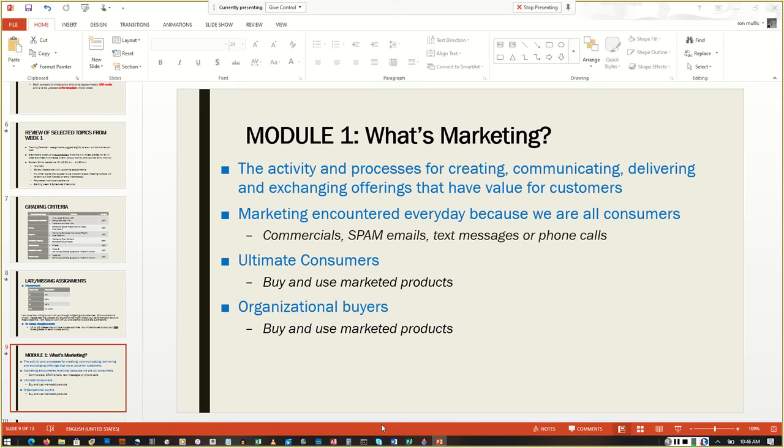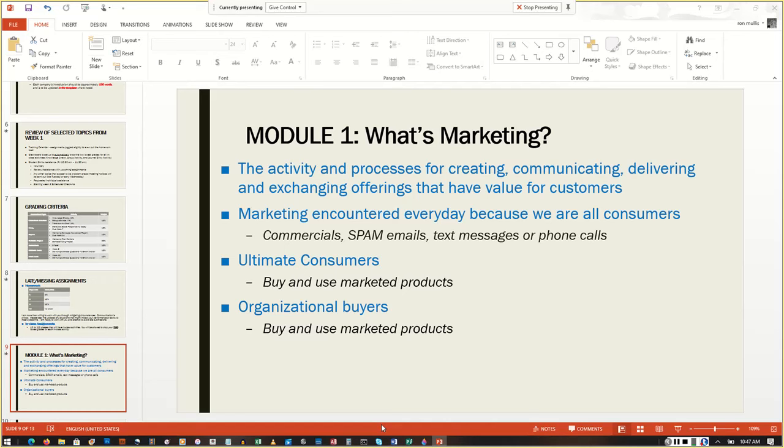Every day we encounter marketing, whether it's opening a promotional email from your favorite store, or even a store that you didn't even know you signed up for, receiving emails, or making a marketing related decision, or analyzing and accessing marketing communications. We all encounter marketing every day.